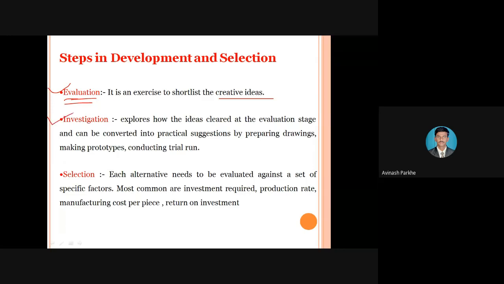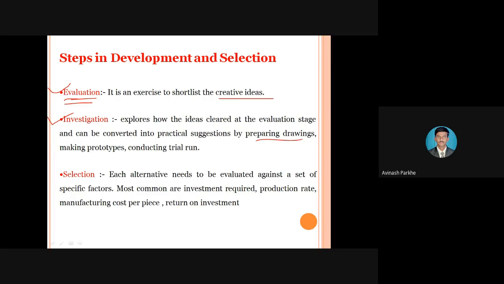Then second is called investigation. Out of 10, if I have selected 2 ideas, then for those 2 ideas we have to go for a detailed investigation, in which we prepare some drawings. For the ideas we have selected, we can prepare drawings, we can prepare some prototype models, we can conduct some trial tests.